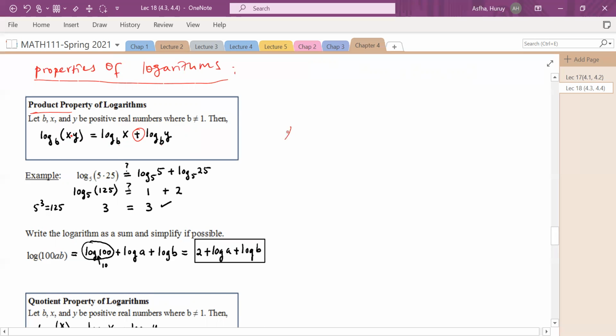So be careful. If we have log of x plus y base b, that is not equal to log x base b plus log y base b. This is not true. Okay. If this is plus, then we cannot write it in this form.